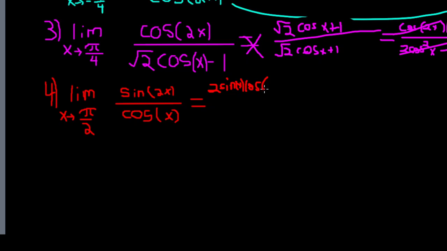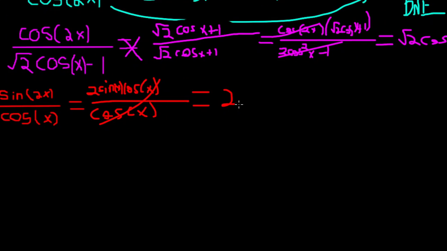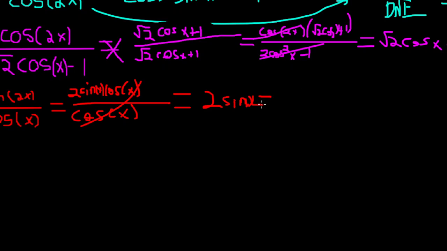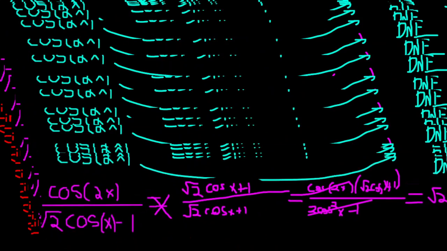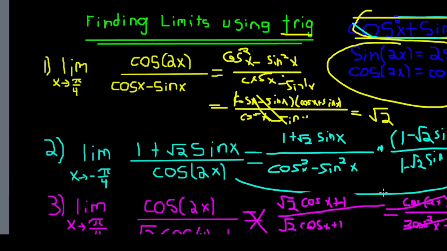And that's useful because we have a cosine in our denominator. So these cancel out, and we're left with 2 sine of x, which is 2 times sine of pi over 2, which is 2. And we're done. So that is how you do limits with trig.